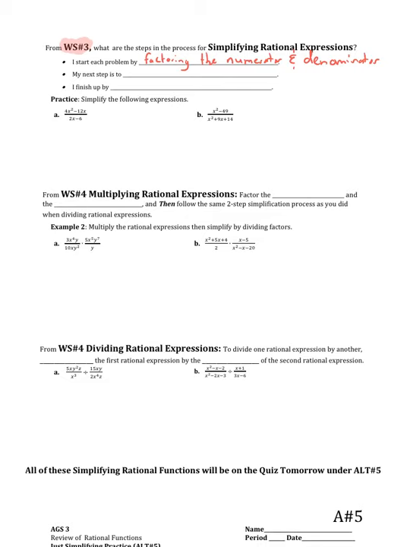Next step is we're going to divide out like terms. So once we're in factored form on our numerators and denominators, we look for any like terms and we can divide those out. And then the last step, I finish up by condensing the numerator and denominator as needed.